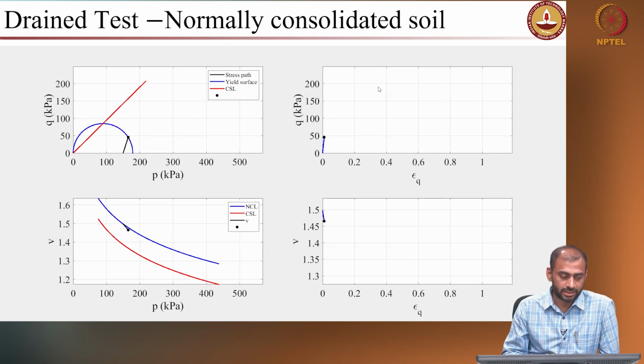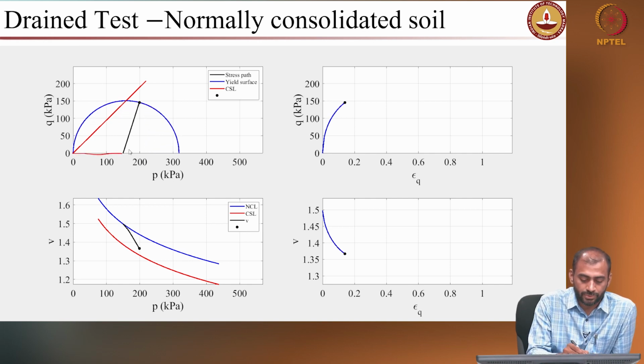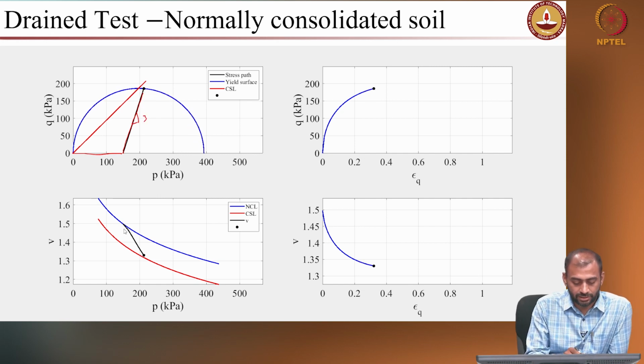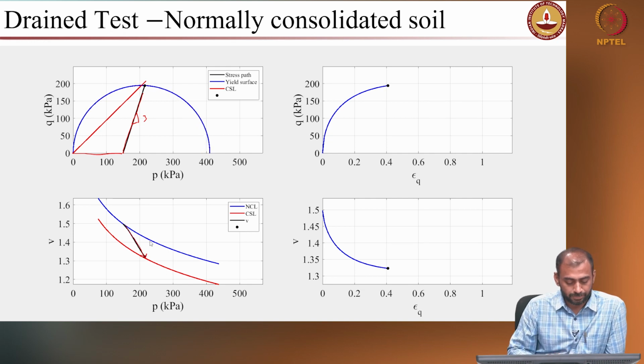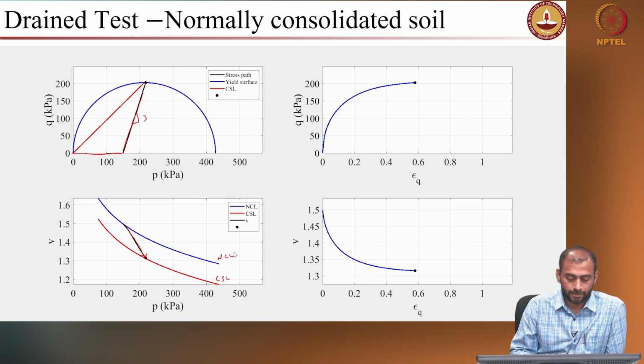Similarly, we will also see the drained response prediction. As you can see, this is again drained response, normally consolidated soil. So, it reaches a hydrostatic stress and then after that it starts shearing at a slope of 3, right. And here, since it is a drained condition, you can see the specific volume keeps on decreasing. So, the material is actually contracting and reaches this critical state line, right.